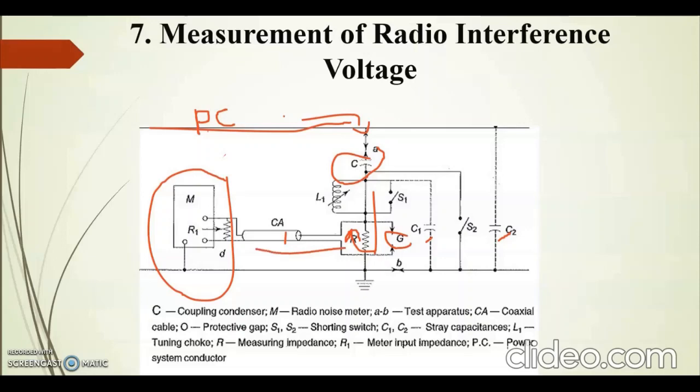Now this high frequency signal will be passed through the coaxial cable to the radio interference meter, where there is also one R1 which is the meter impedance. This radio interference meter will sense, and by checking the waveforms or patterns, we can see whether the high frequency signal produced here is within the limits or not. So these are the two circuits which can be used for measurement of radio interference voltage.